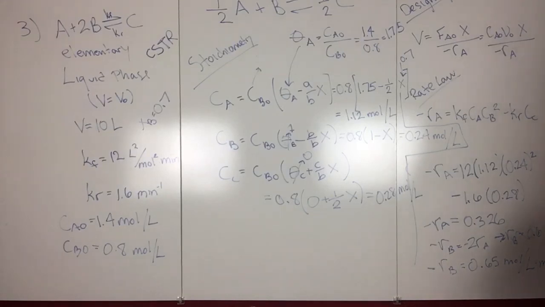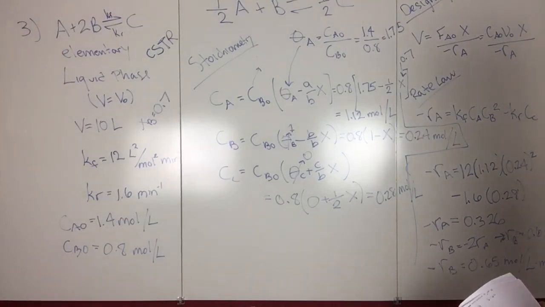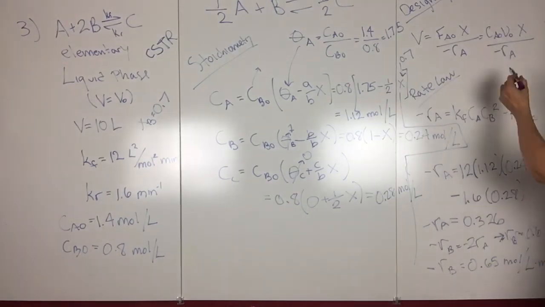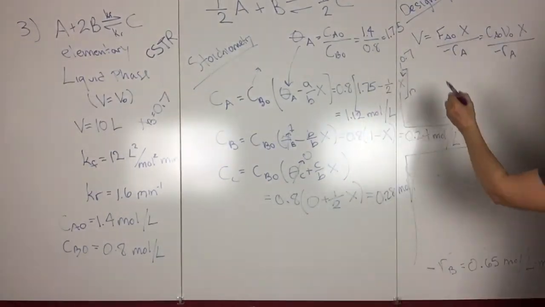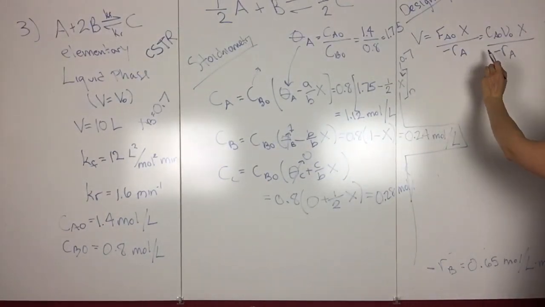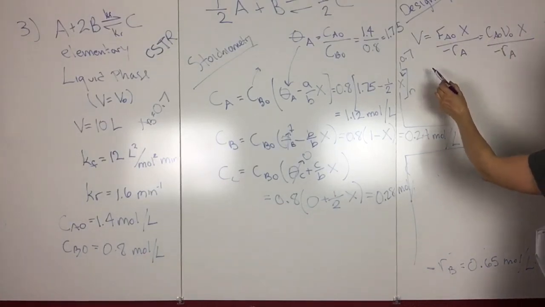So sometimes doing all this math, you forget what you're even looking for. What we're looking for is V naught, so if we go back to the design equation, I'm going to erase some stuff real quick. We have V naught right here, and we should know what everything else is.